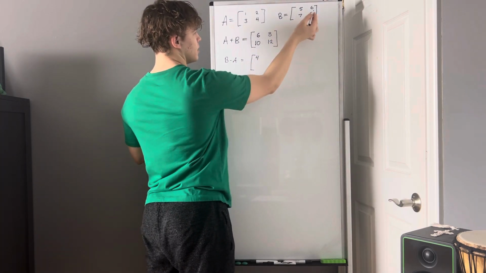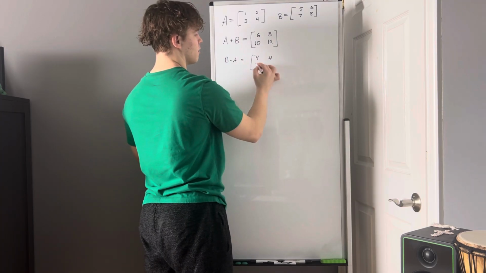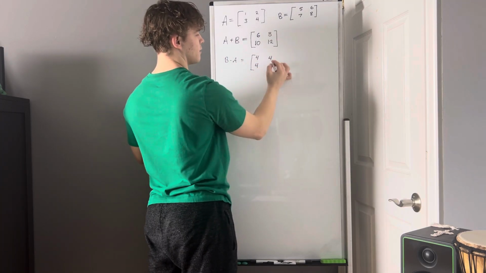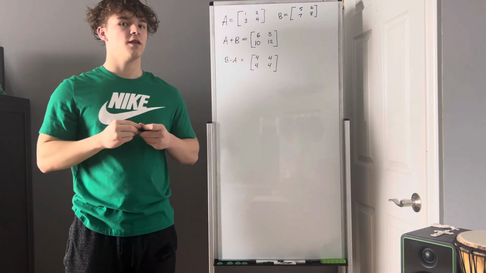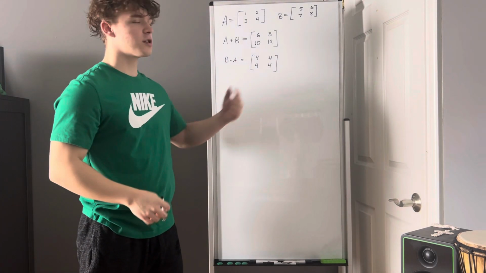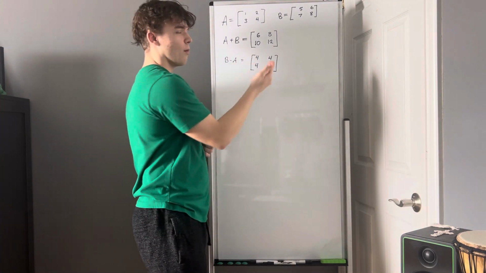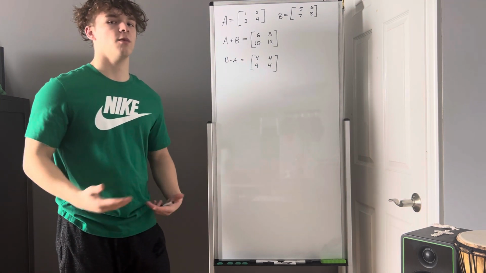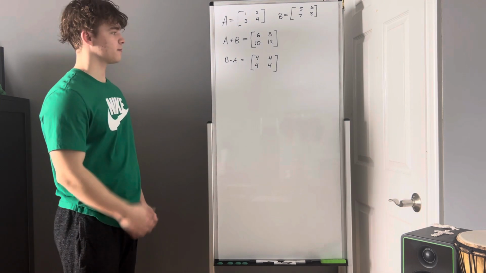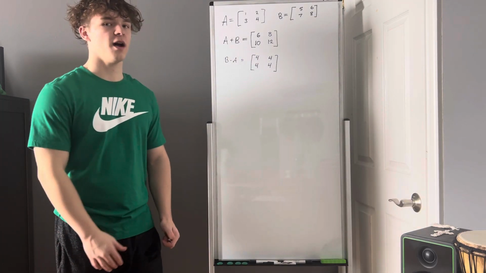So 5 minus 1 is 4, 6 minus 2 is also 4, 7 minus 3 is also 4, and 8 minus 4 is also 4. So this means that both the supermarket and flower shops sell 4 more flowers and bushes on the west side compared to the east side. So that's pretty simple stuff.